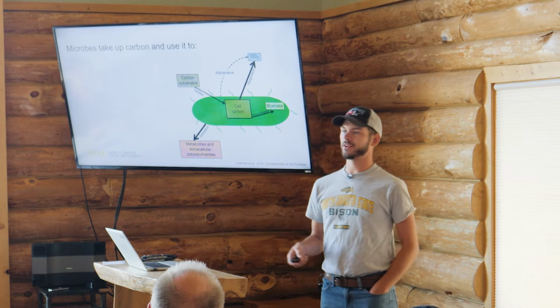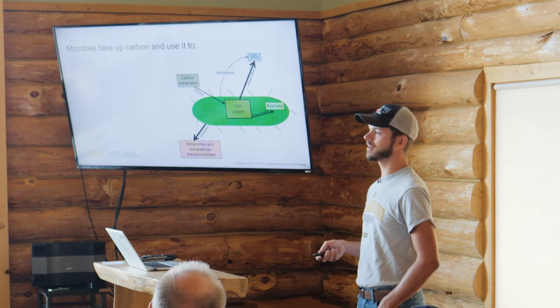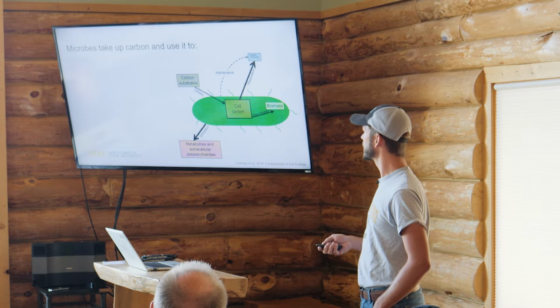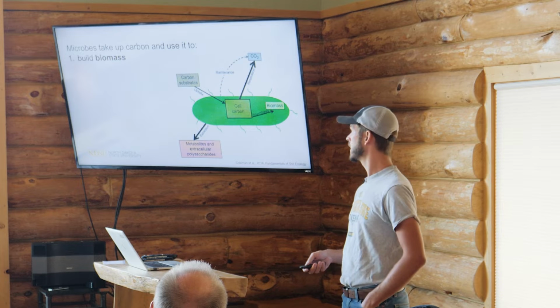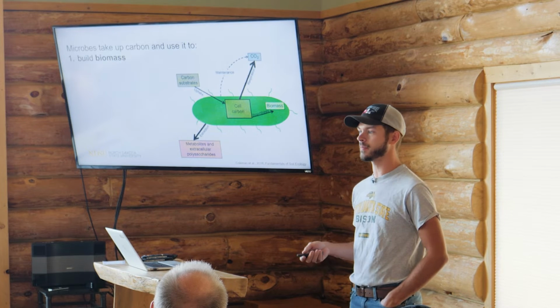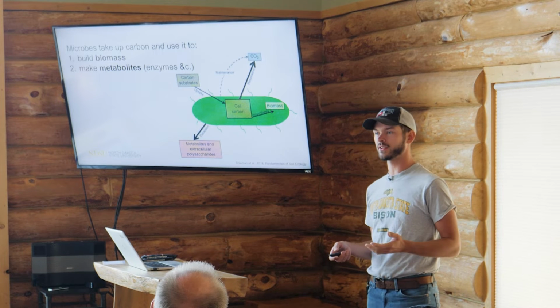So why do microbes go through this decomposition process? What are they getting out of it? Why does it happen in our environment? And really it comes down to they need the carbon that's within that biomass to build their own biomass, to make their bodies. It's the exact same reason that we eat food to build our bodies. Microbes need that carbon. They also use that carbon to make metabolites, so things that are released into the soil.